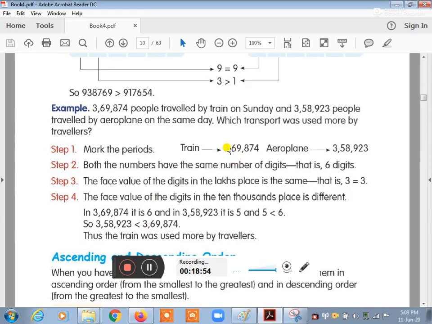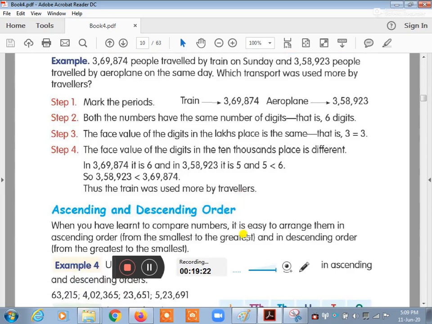So 3,69,874 is greater than 3,58,923. So the train was used more by travelers. So the train people have traveled more. So here we have to write, the train was used more by the travelers.